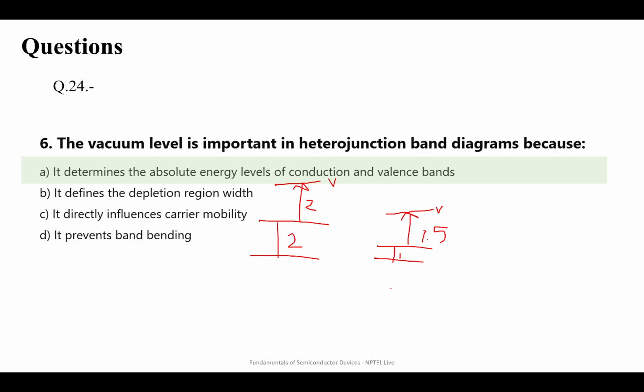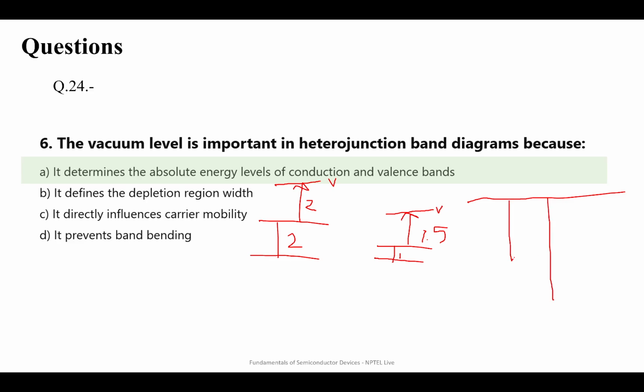The band alignment diagram is drawn before making my heterojunction. The band alignment diagram does not contain the band bending. Then you cannot decide, sir. Now you can decide. In a band alignment diagram, you join your vacuum level. So the vacuum level is constant.